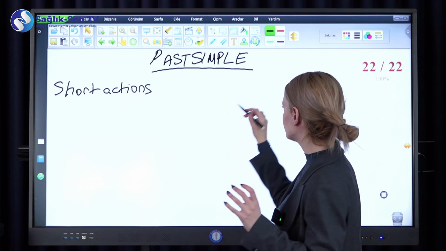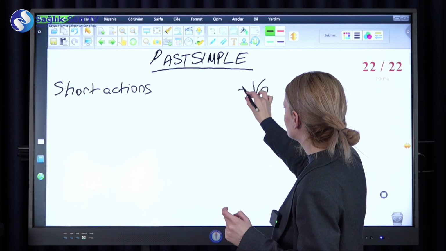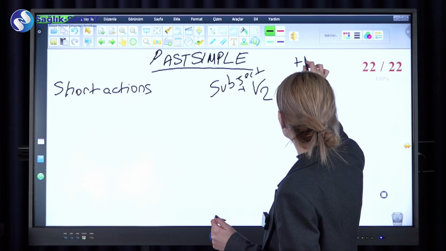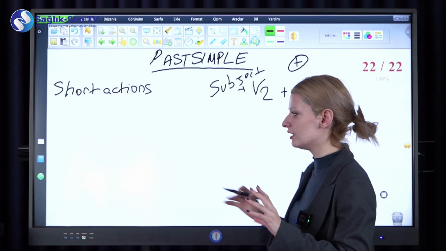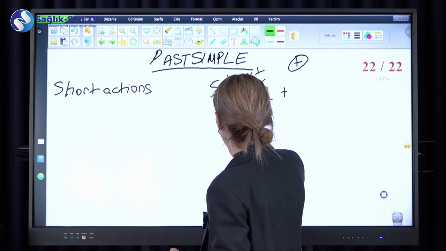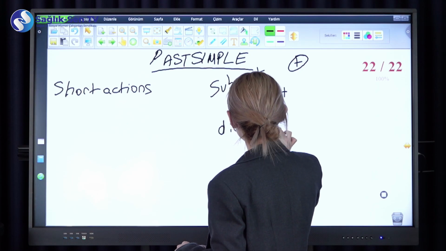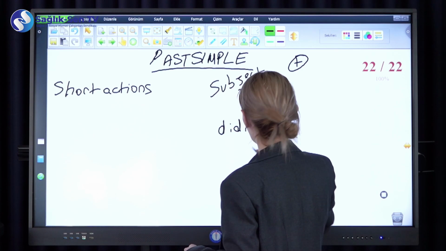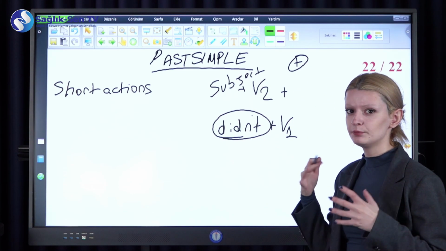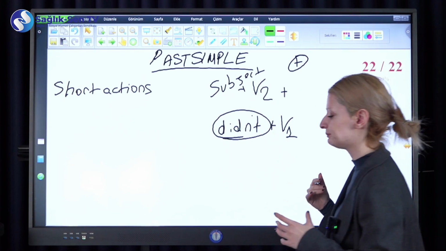Our grammatical structure, we use the verb 2 with every subject. I'm talking about affirmative, positive sentences. And in the negative sentence, we use didn't plus verb 1 instead of verb 2 because the past meaning comes from didn't.